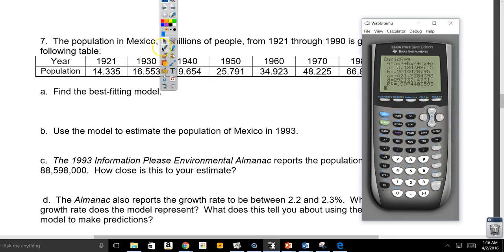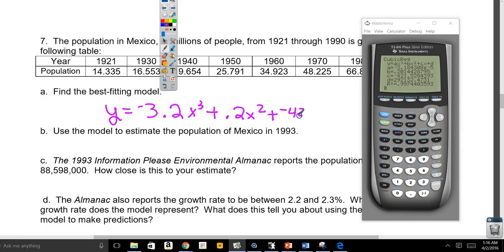So my equation, y equals negative 3.2 x cubed plus 0.2 x squared plus or minus 421.5 x plus 292,132.5.